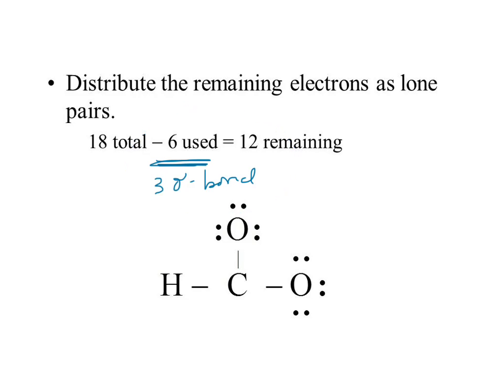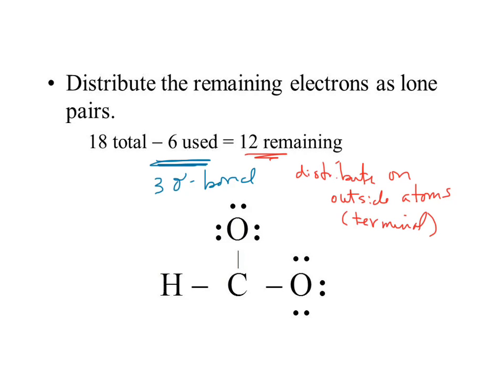Your instructions are going to be to take those remaining 12 electrons and distribute them first on the outside atoms. Actually, I use the word terminal. Terminal or outside atoms.